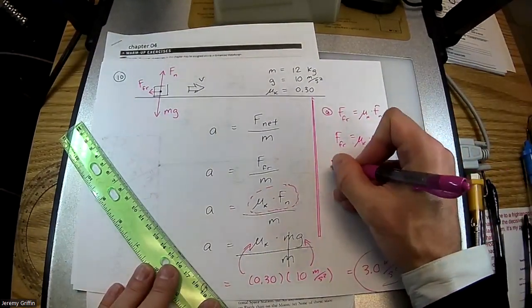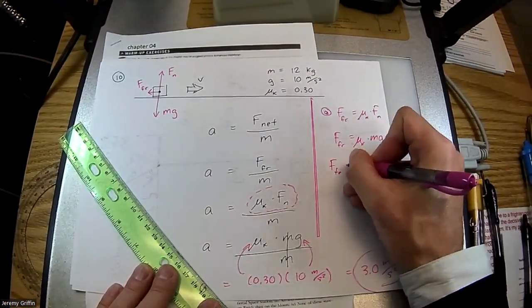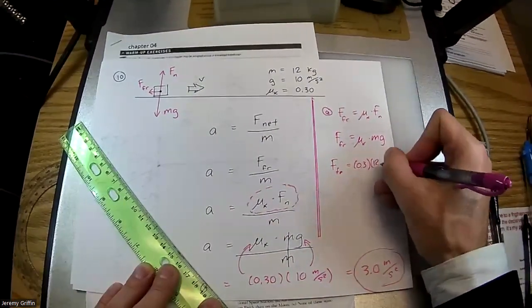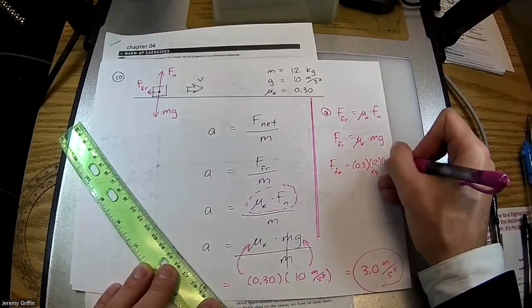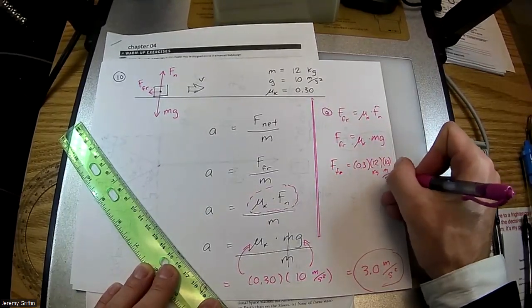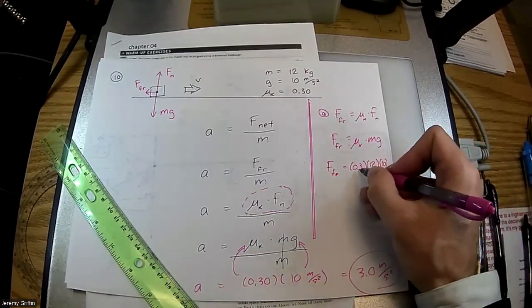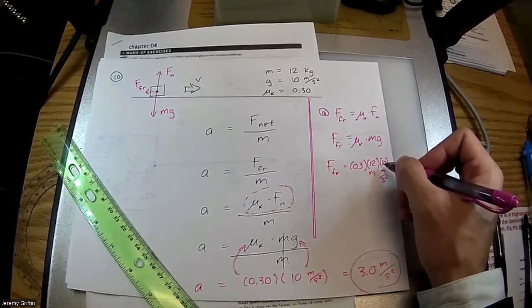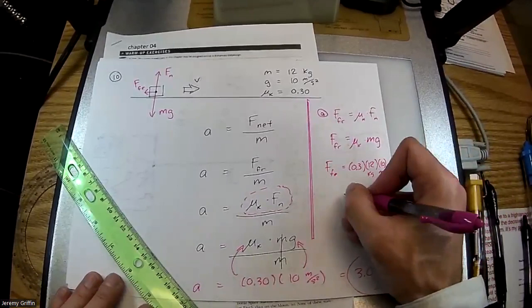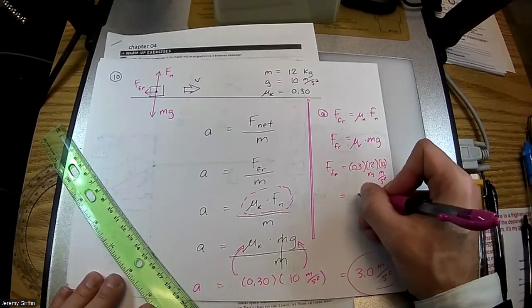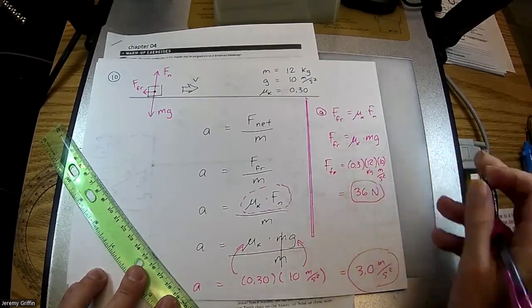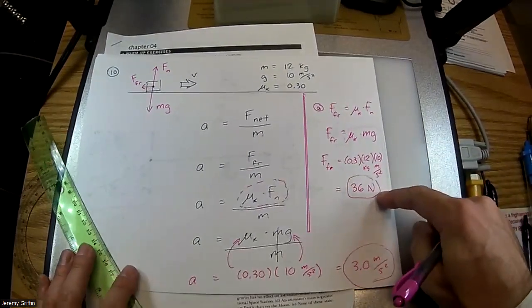Okay, we got 0.3, we got a 12 kilogram block, we got 10 meters per second squared. So 12 times 10 is 120 newtons. The block weighs 120 newtons. Times 0.3, is that 30? Yeah, that sounds right. 36 newtons. So there's a 36 Newton force.